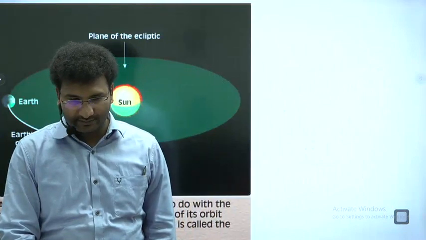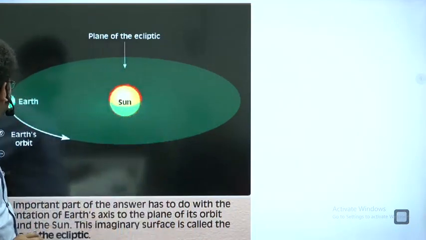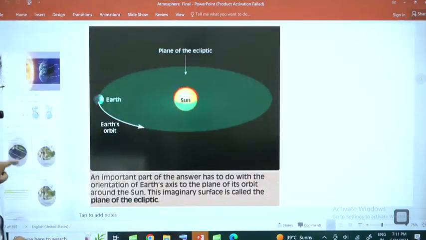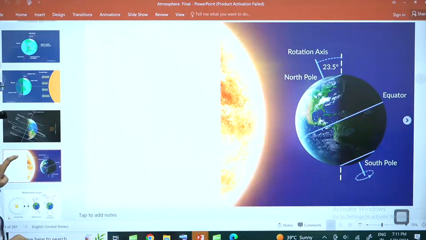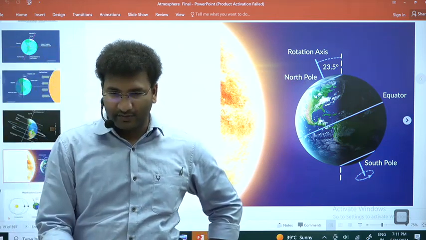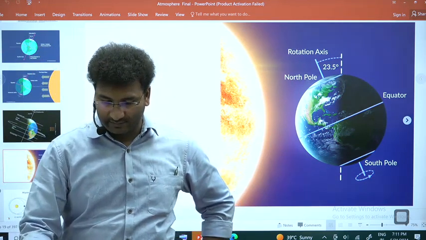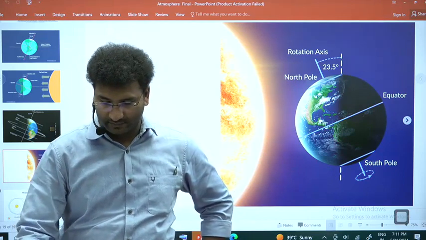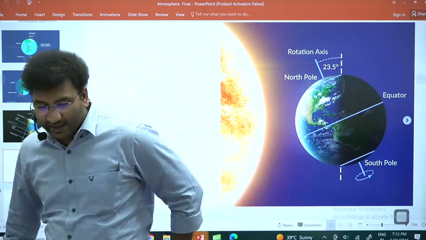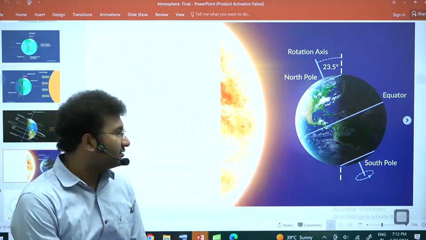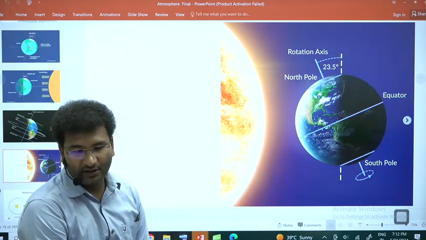Revolution of the Earth. ठीक है, write down. The motion of the earth around the sun which spins in an elliptical orbit is called revolution.